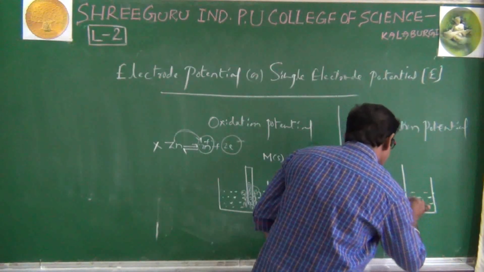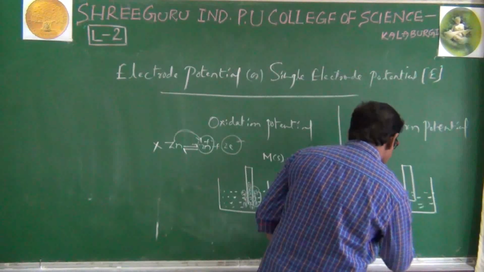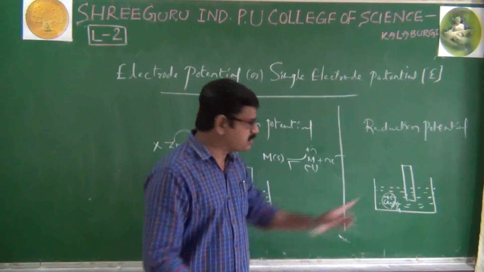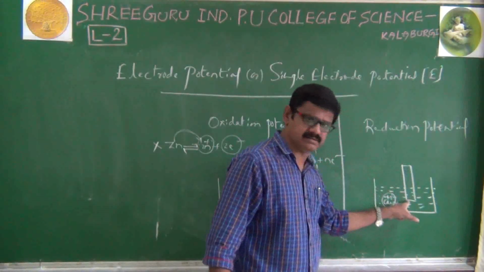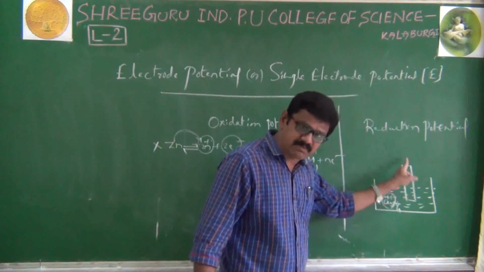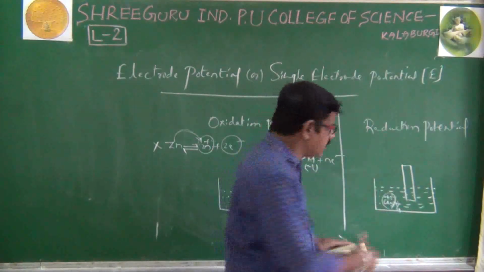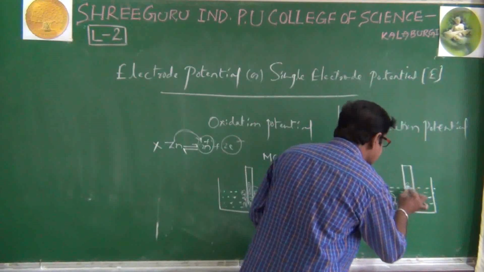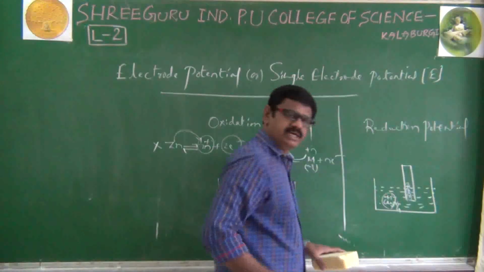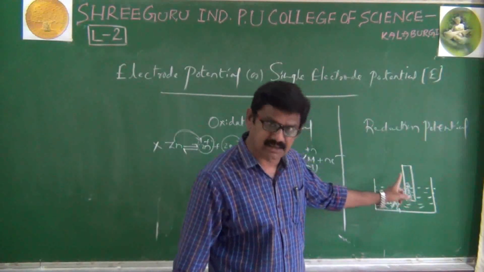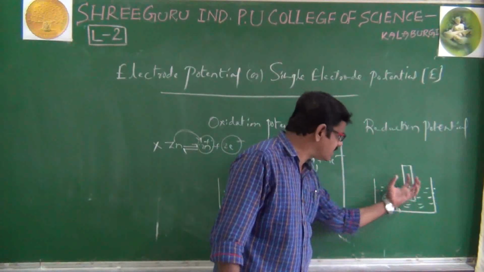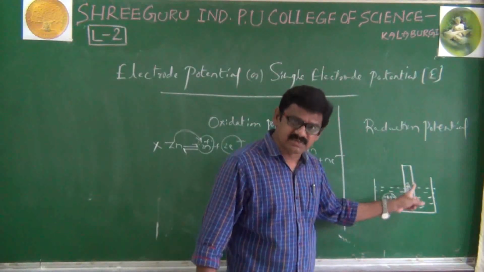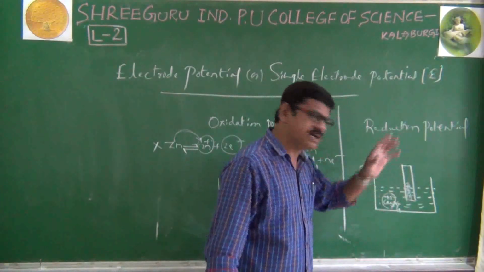It is a copper sulfate solution, and a copper rod is dipped in it. In the copper sulfate solution, the Cu plus 2 ions capture electrons from this copper rod. Because of that, the copper rod becomes electron deficient, which we show with a positive sign like this. Why the positive sign? Because Cu plus 2 ions are attracting electrons from the rod, it becomes electron deficient.